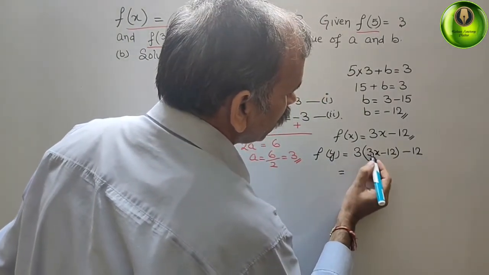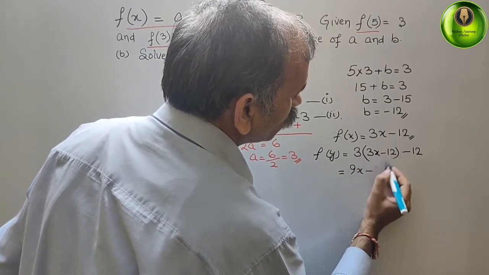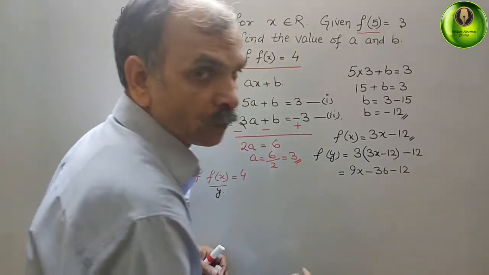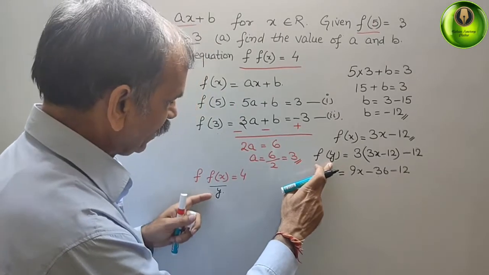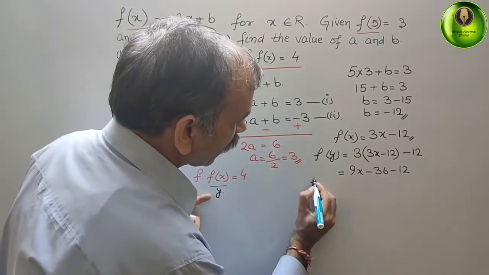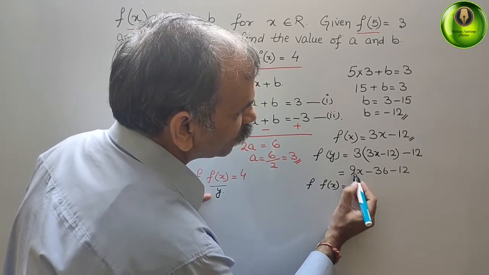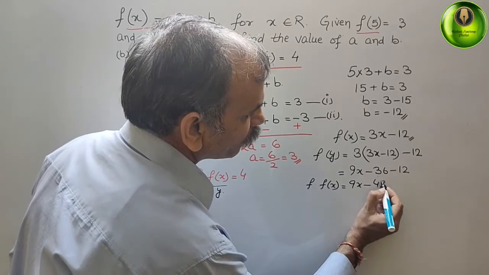Therefore, you will get 3 into 3 is 9x minus 3 into 12 is 36, minus 12. If you solve this, you will get f(x) is equal to 9x minus 48.